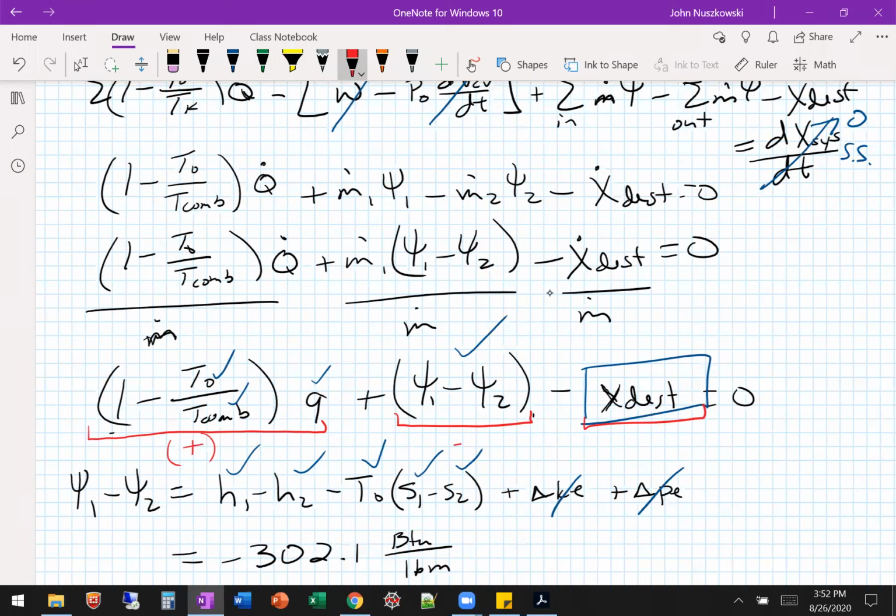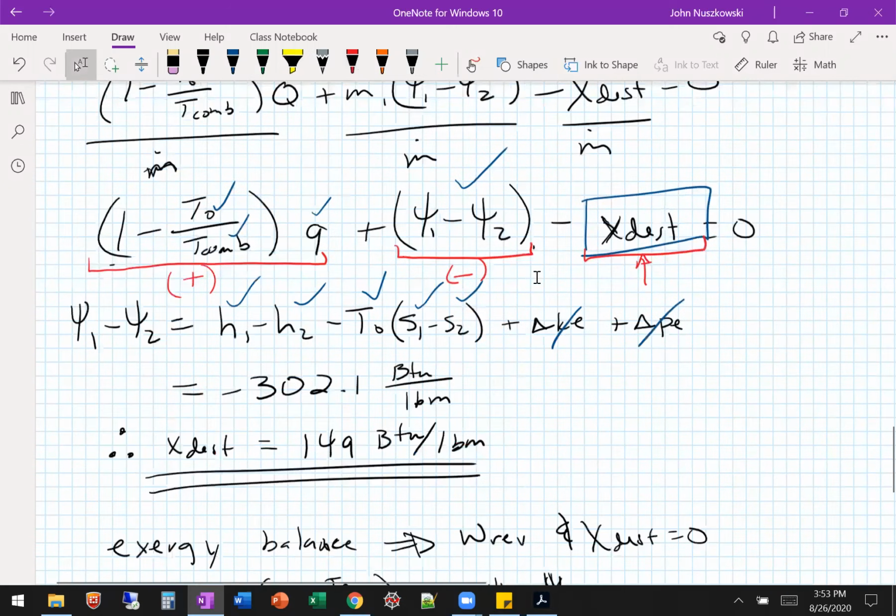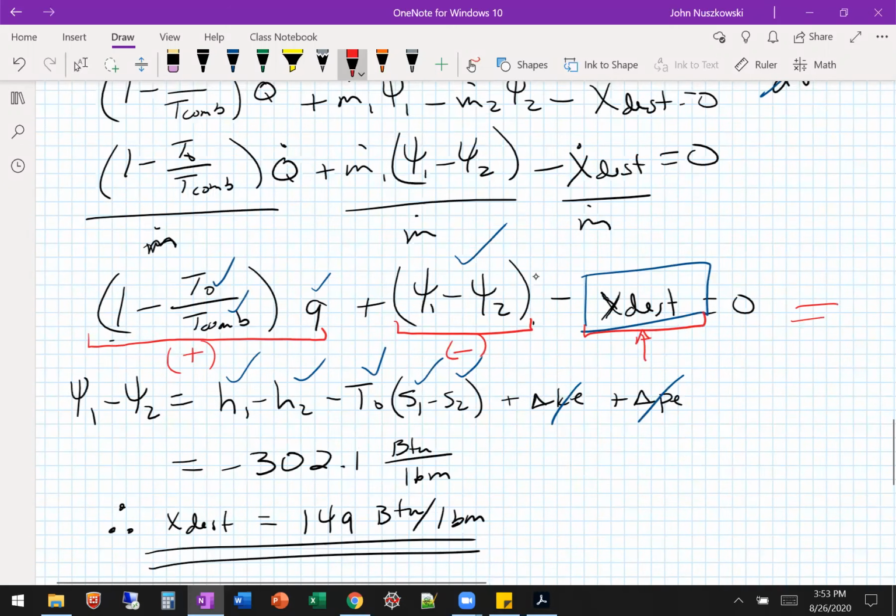We're recovering exergy in the flow exergy because that was negative, right? You saw negative 302.1, so that's our recovered exergy. And then this is the destroyed. And we could set up our second law efficiency of this system just from that. That's why I say the exergy balance, setting it up, you can figure out any of the second law efficiencies just by doing that.